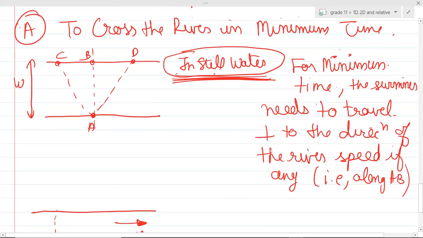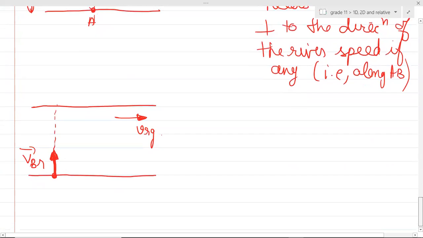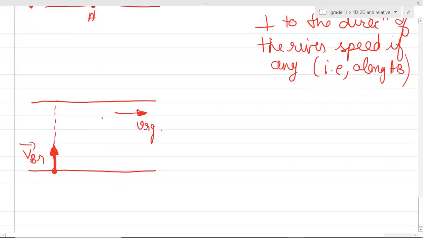Can you see in still water? You derived the concept in still water, right? Still water implies the frame of reference of the river, where the object shall go in the straight direction.